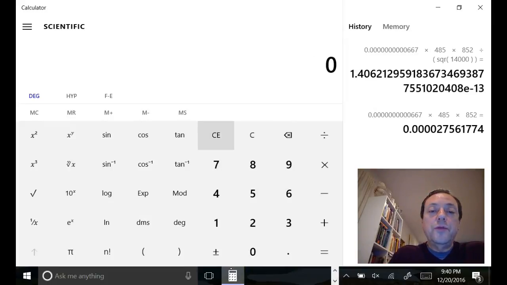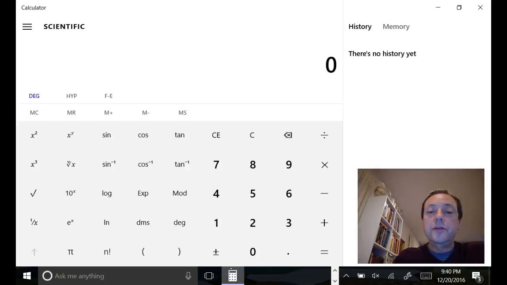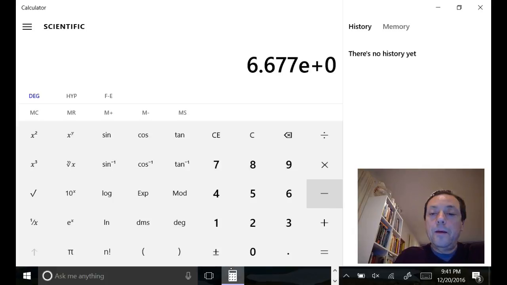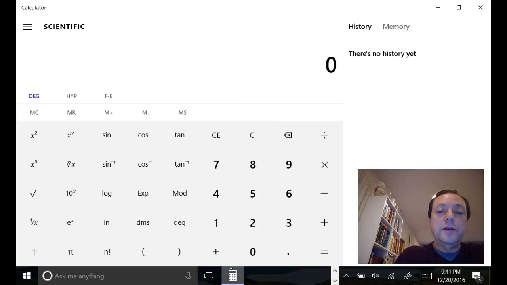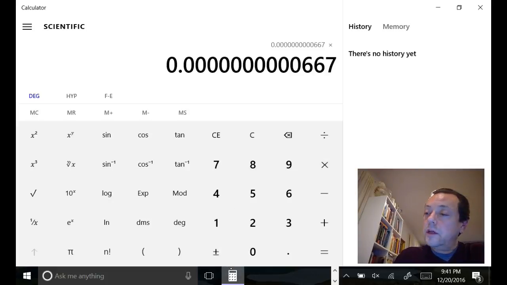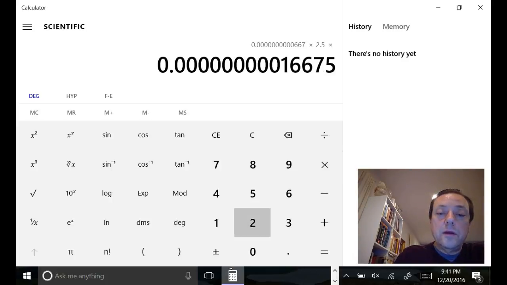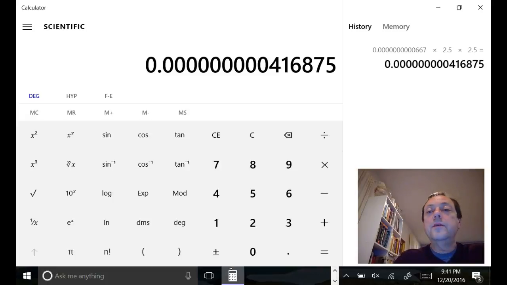Okay, there's our problem from before. Let me clear out the history there just so that's not confusing. So 6.67 exponent minus 11 times, now each of these is 2.5 kilograms, and there's our numerator, really tiny.